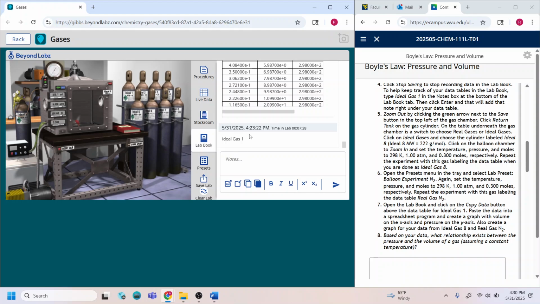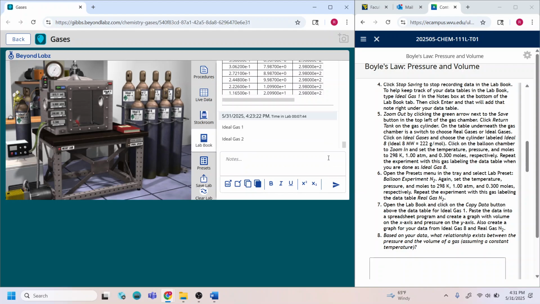We're going to go into the lab notebook, and we are going to write ideal gas. Actually, this step is not very important, but it makes it easy because you will be recording all your data. So let's say if you forgot what your numbers were, you can go back and check in there.